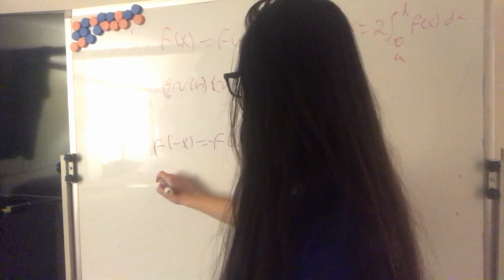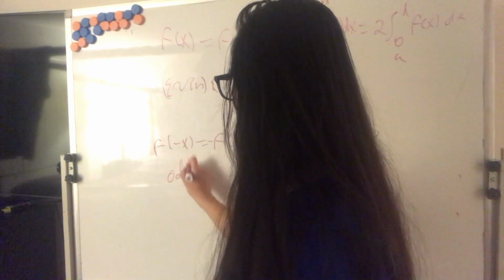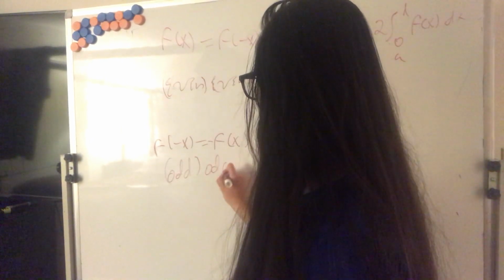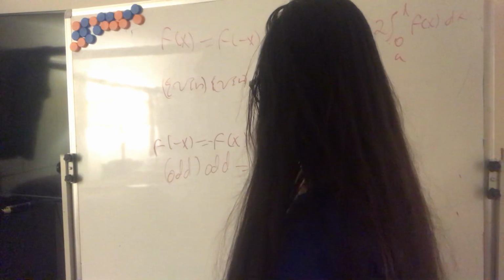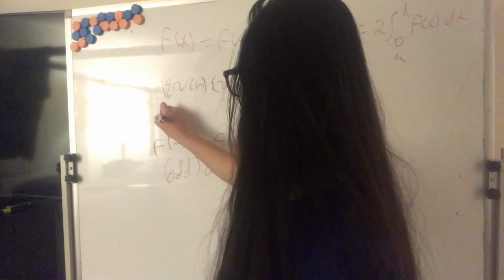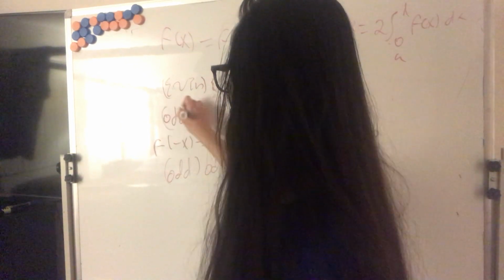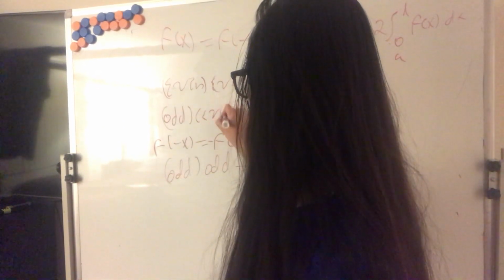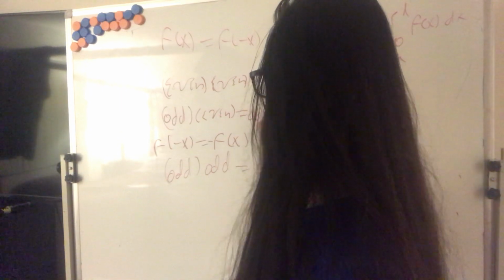Now in this video we will see that an odd function times an odd function is an even function, and later that an odd function times an even function, or vice versa, is an odd function.